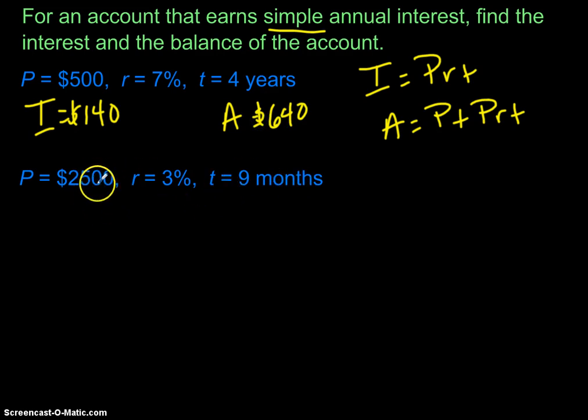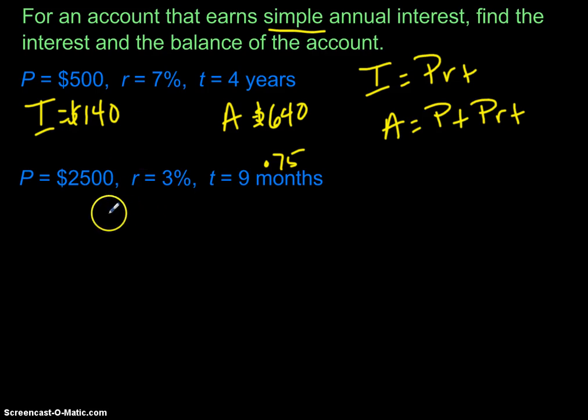Next one, let's find the interest. Well, that's the principal times the rate times the time. 2,500 times 0.03 times. Okay, now notice that that's in months. So we've got to change this to years, and 9 months is 0.75 years. So multiply that by 0.75.